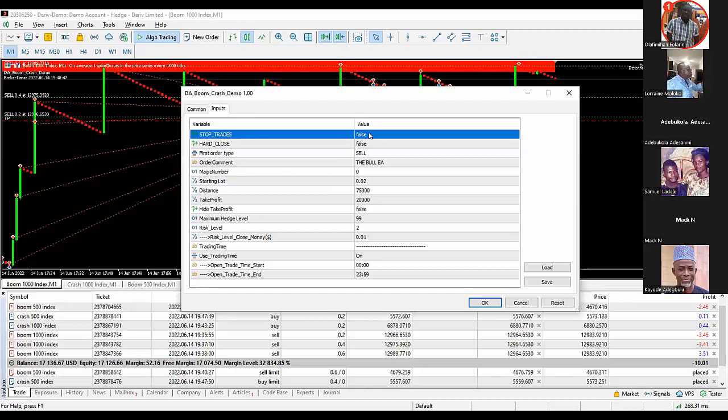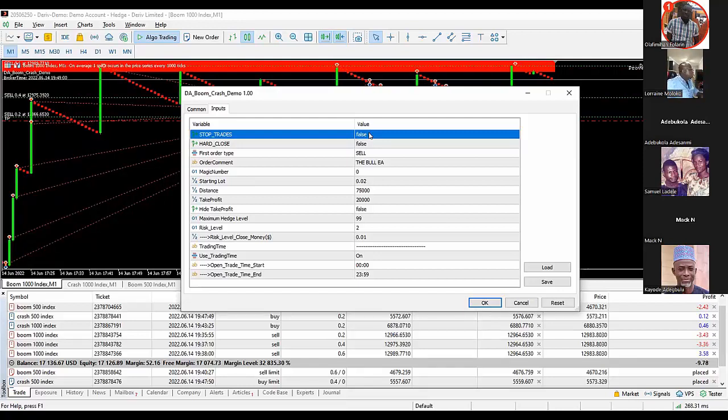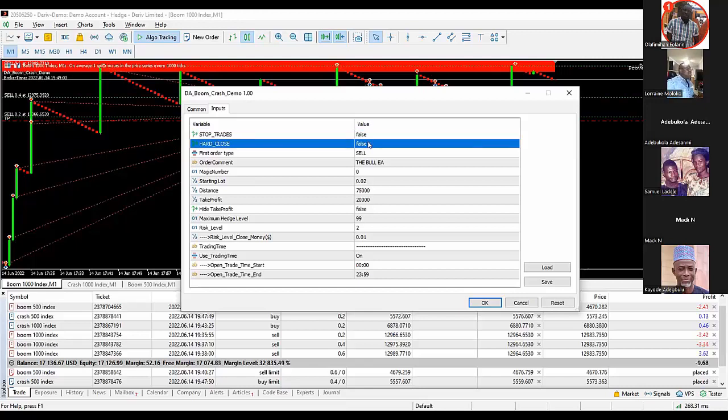When you set stop trade to true, all open trades will keep running, but it will not add another trade to the open trades. It will manage the trades until they close at profit. Once you set add close to true, it will close all your trades, both profit and loss. It closes everything up and it will not trade again. That is the difference between the two of them.